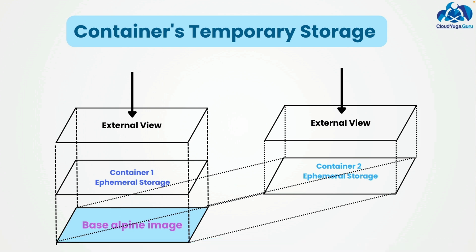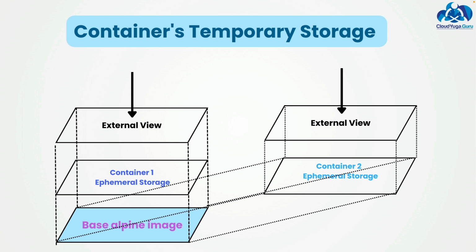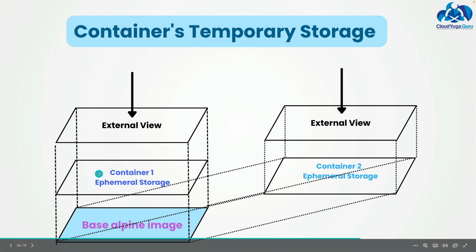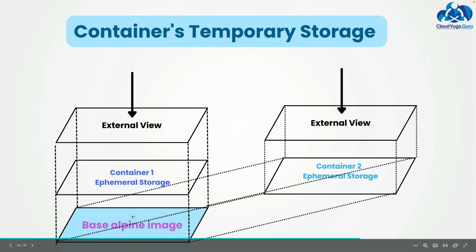Now all of these containers are going to mount the base image in the read-only mode only. When we create a container, every container gets its own temporary storage, and whatever we write on that container is written on that temporary storage only. Our base image is always intact.